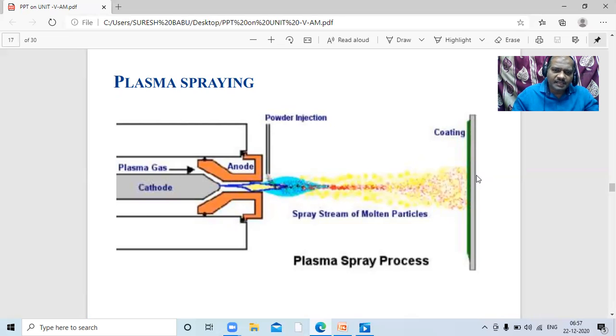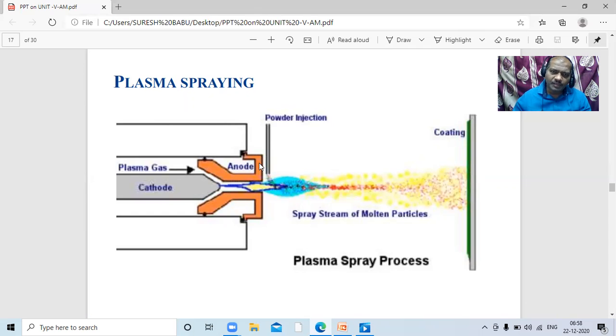Try to understand here. The powder has to be deposited on this workpiece. Try to understand in a general way so that it is easy to understand and write in the examinations. This is our workpiece. On this one, the green color coating has to be deposited. How is this done?